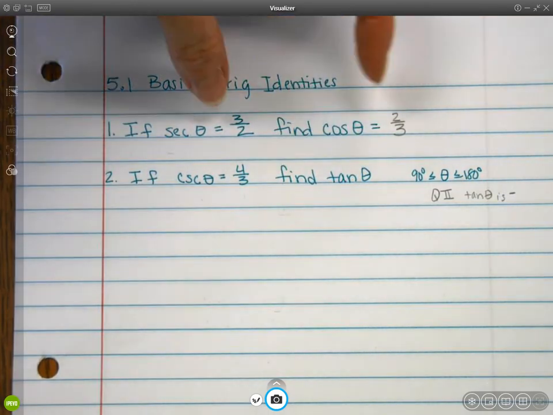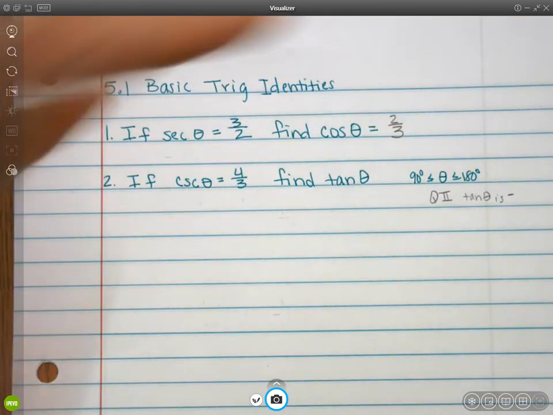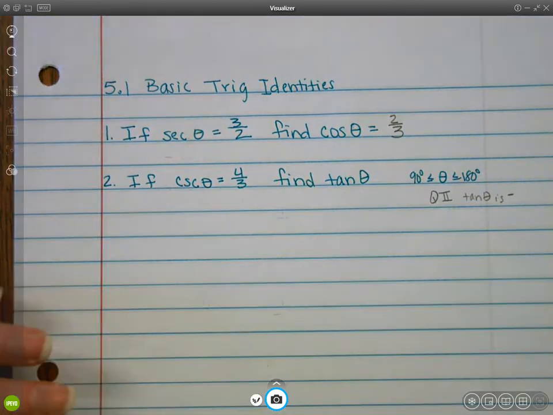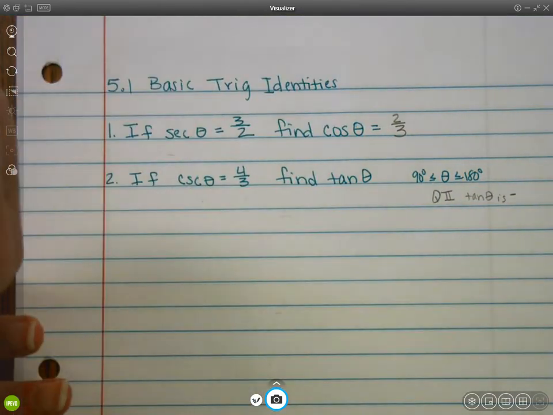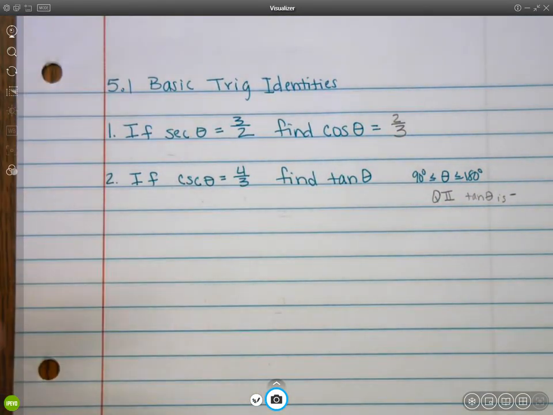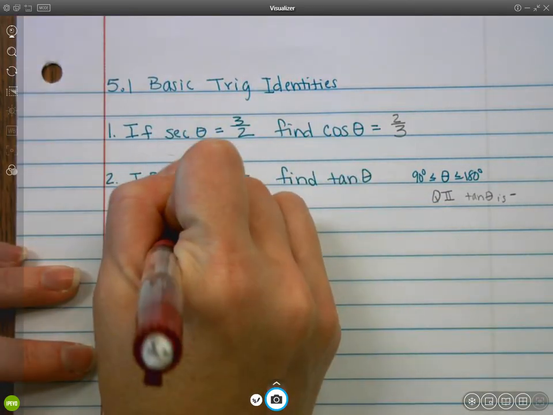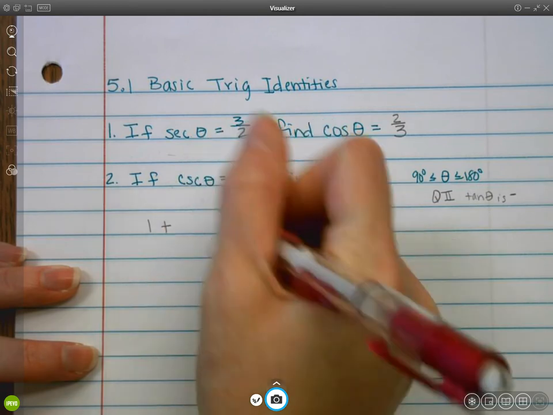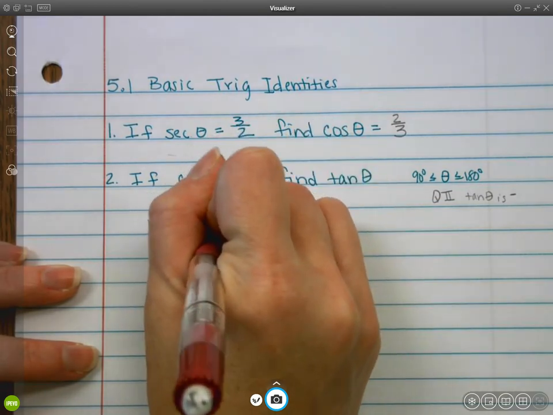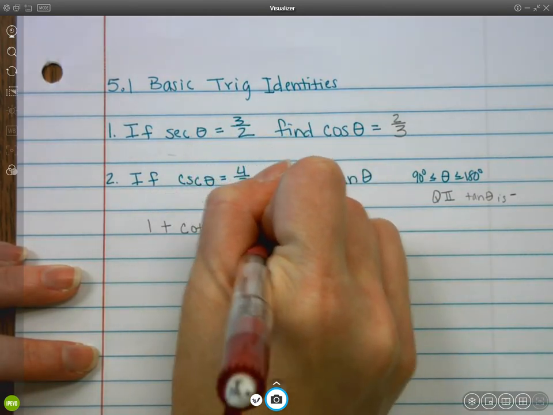But like we did up here, if I can figure out cotangent, I can just flip it over, and I'll know tangent. So we'll use one of the identities that has cosecant and cotangent: 1 plus cotangent squared is equal to cosecant squared.